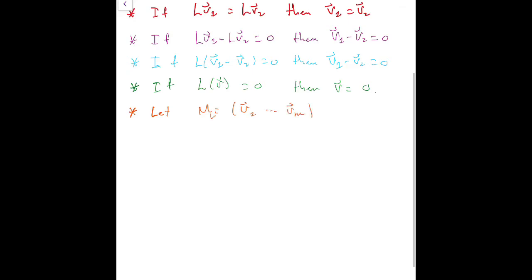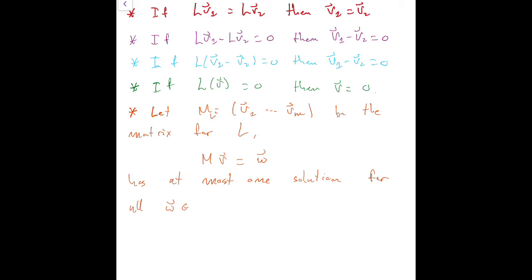So this is M sub L. Or sorry, this is the matrix for L. Then another, equivalent way of saying that L is injective is to say that M times V equals W has at most one solution for all W in Rm.